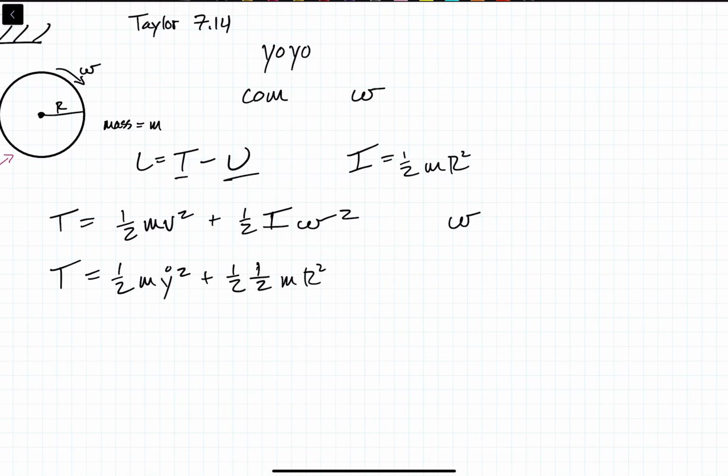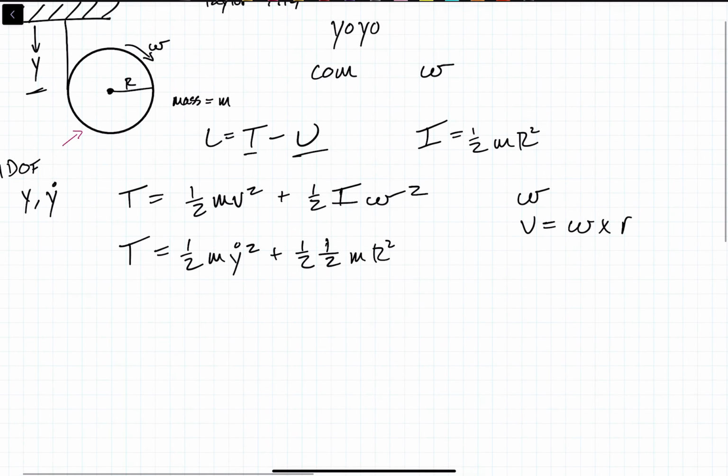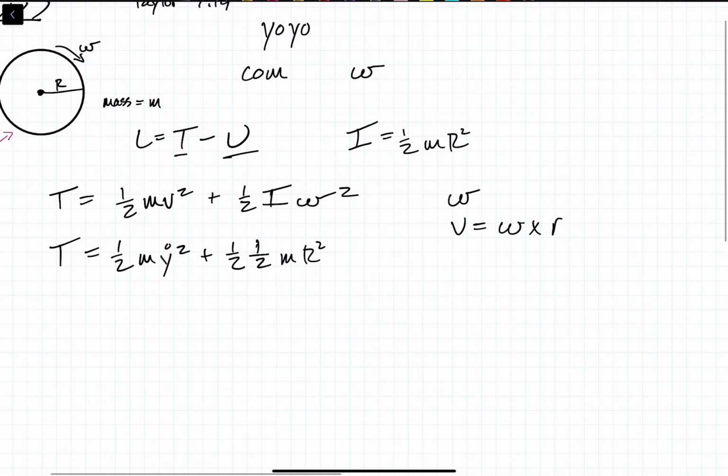One of the equations for angular velocity is v is equal to omega cross r. So I want to get rid of omega here.